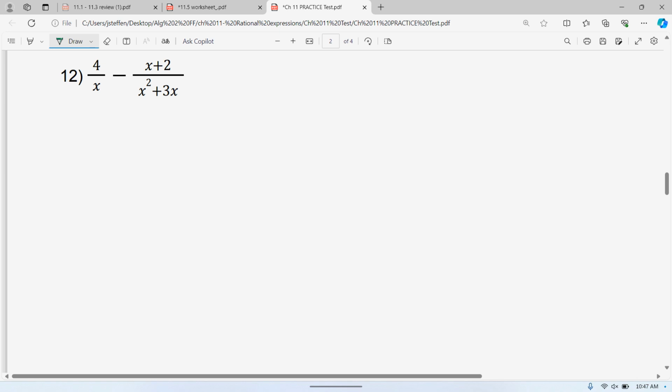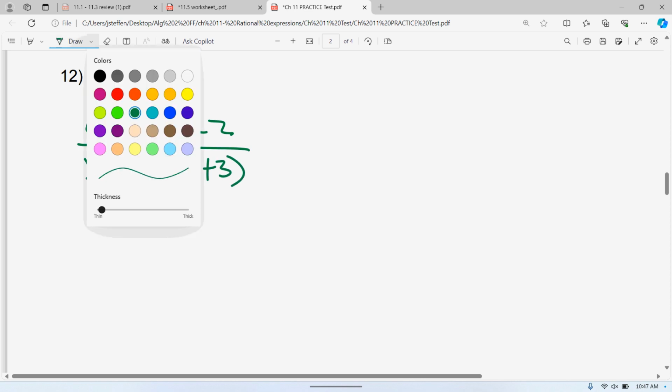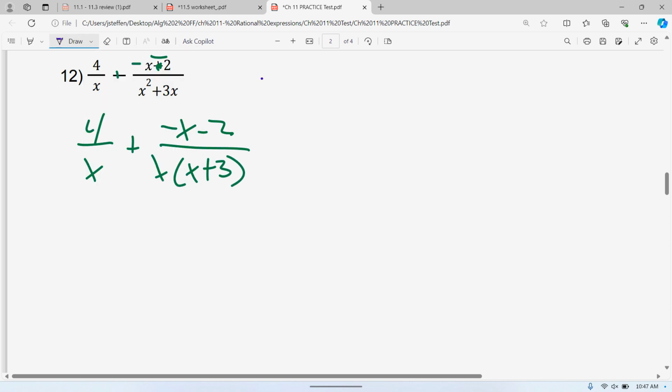Sliding that to a plus changes both of these. Again, not the denominator. x plus negative x minus 2 over an x. Do the math, they both have this x, that's awesome, but they need x plus 3, the first one. So top and bottom, plus 3. x plus 12.